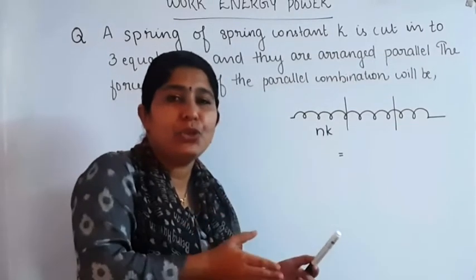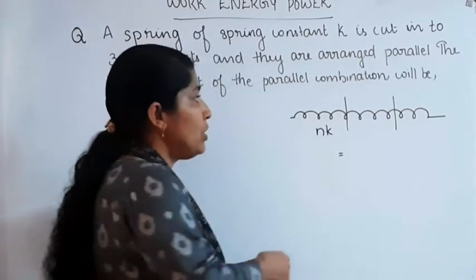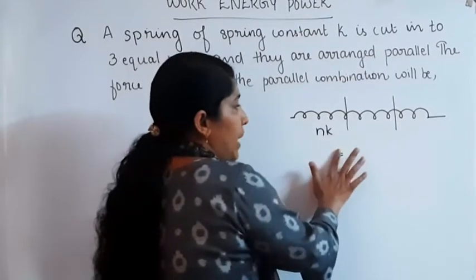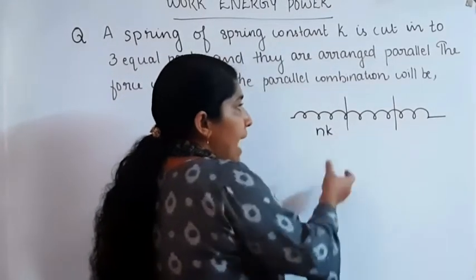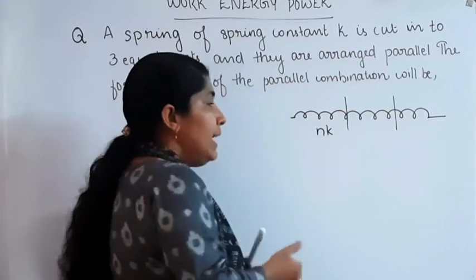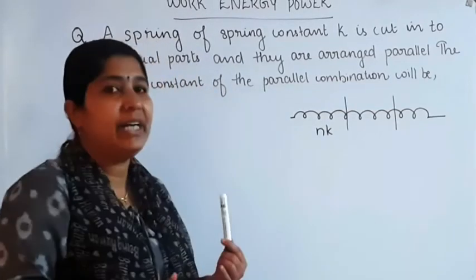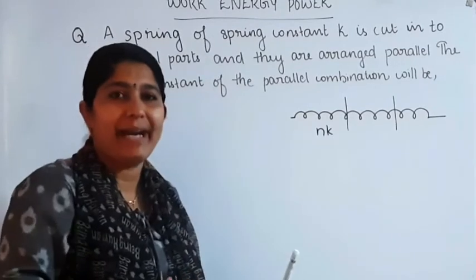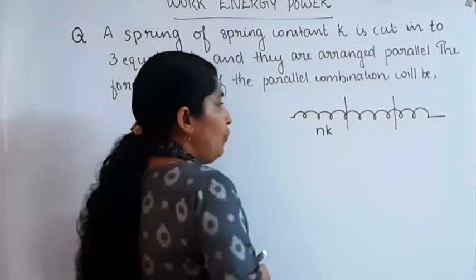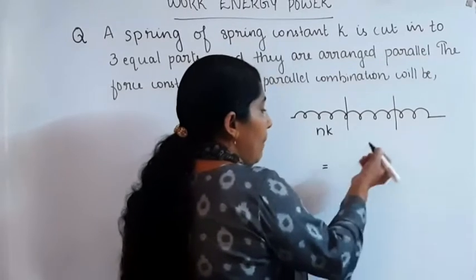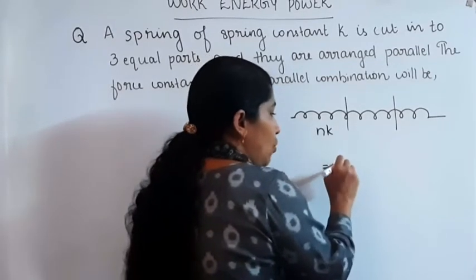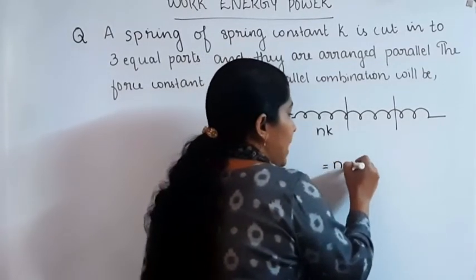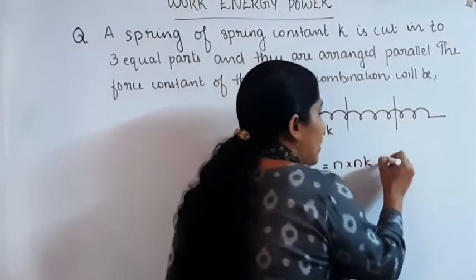And when it is connected in parallel manner, what about the effective spring constant? If these n parts are connected in parallel, it can be found using the equation n into nk, that's equal to n square k.